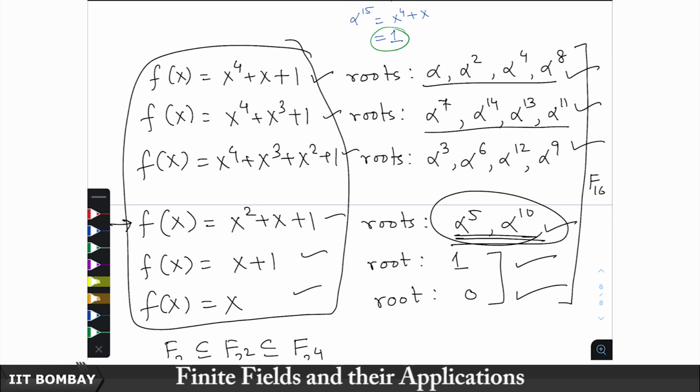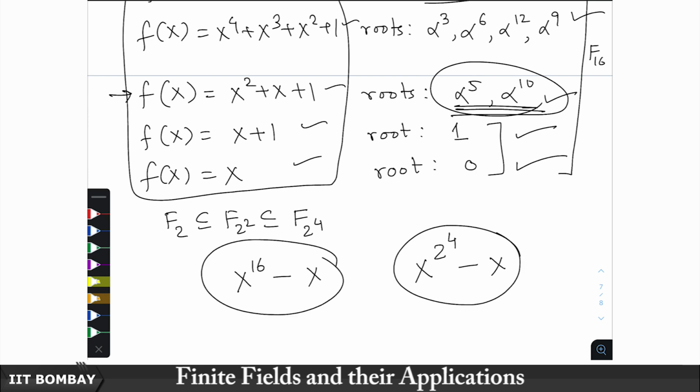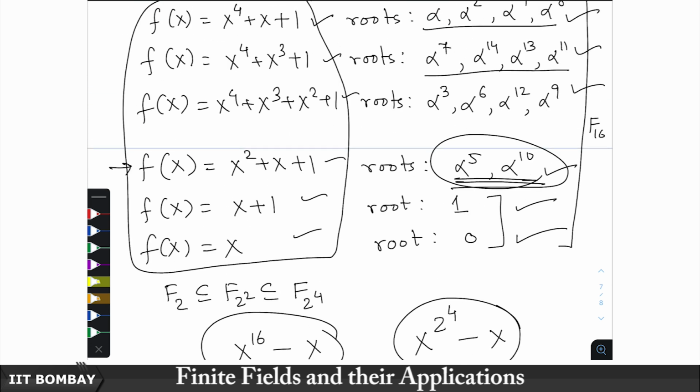So what is that polynomial? We know already that it is x power 16 minus x, that is x power 2 power 4 minus x. If you multiply all these polynomials, we will get this polynomial, and its roots are all the elements of F16.